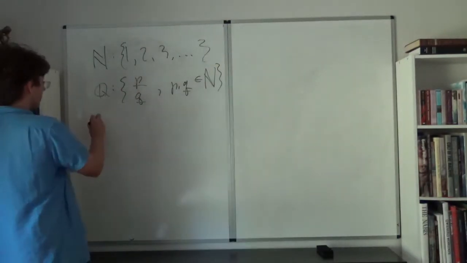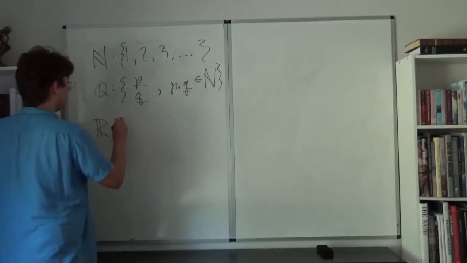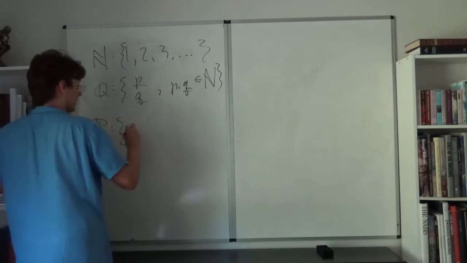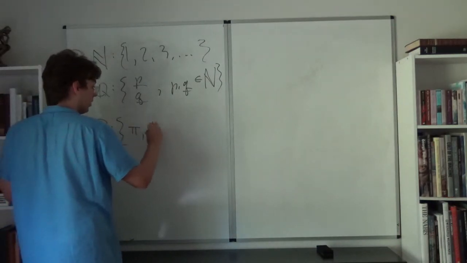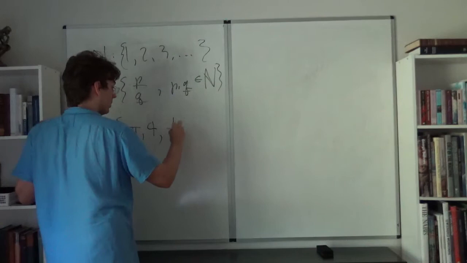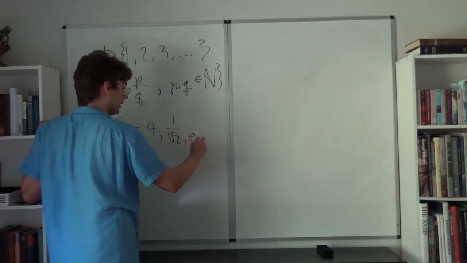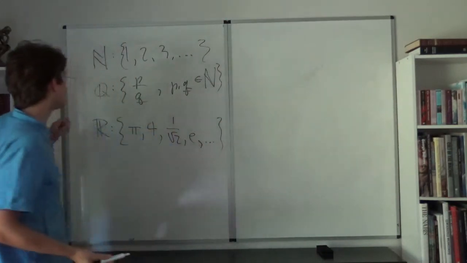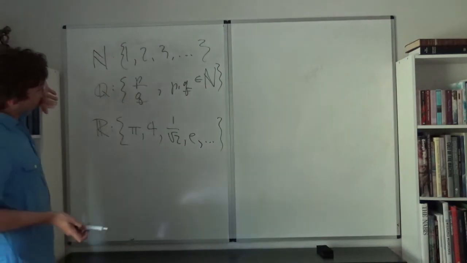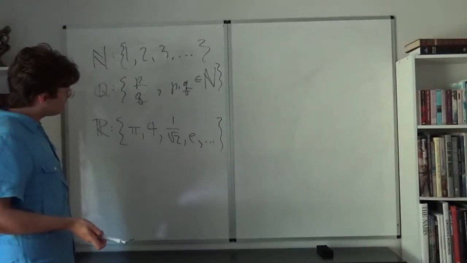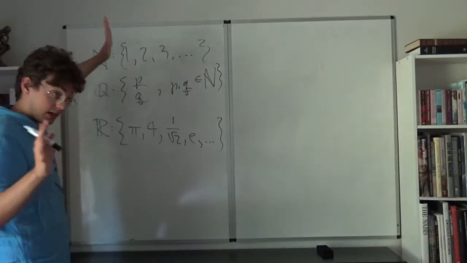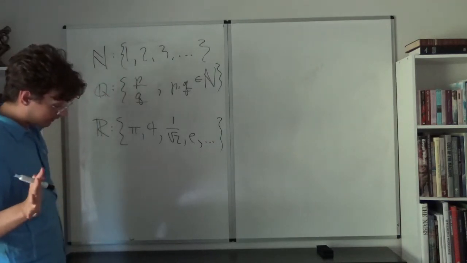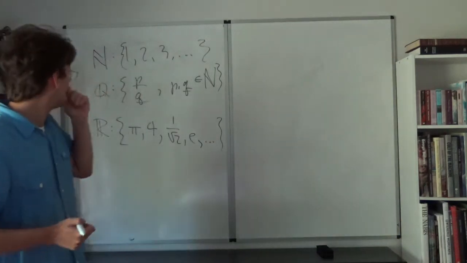We have the real numbers, which include just everything: pi, 4, 1 over the square root of 2, e, tons of stuff, okay? And it might be nice to know, are there any differences in their size, in some sense, again we have to say in some sense.